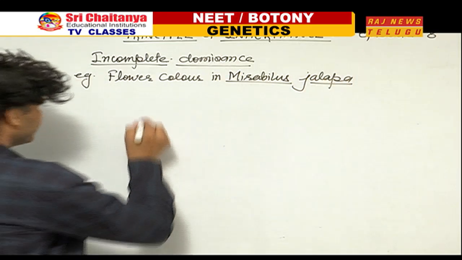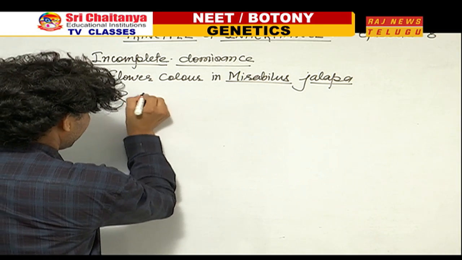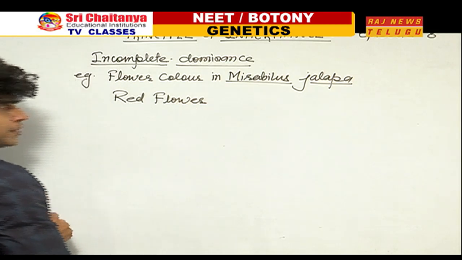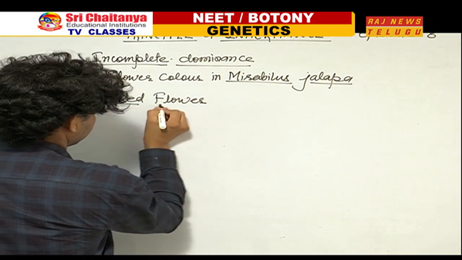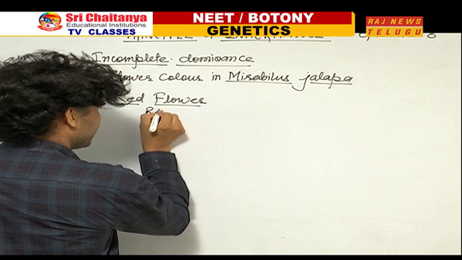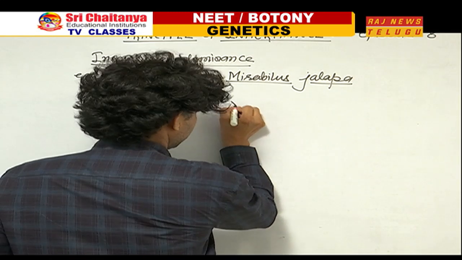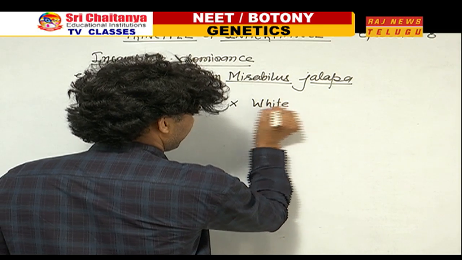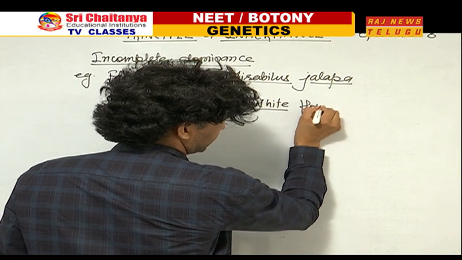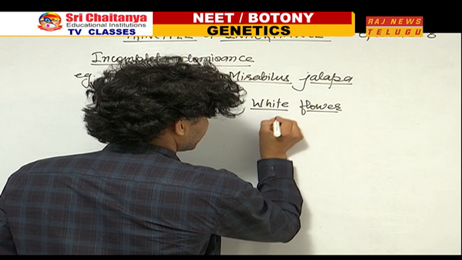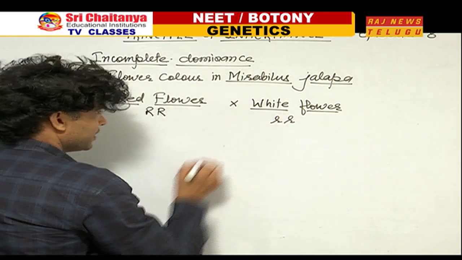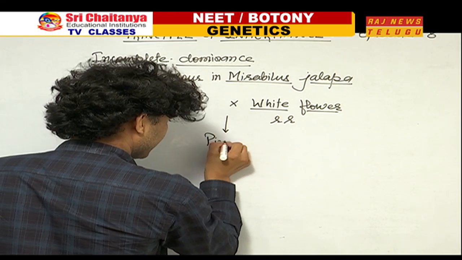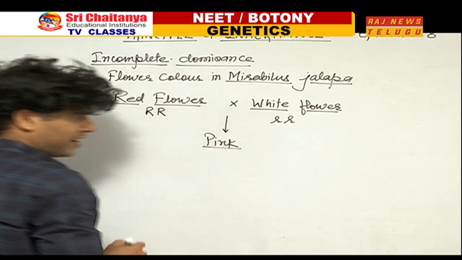In this plant, a red flower plant, capital R, is allowed to cross with a white flower plant, small r. In the F1 generation, all plants have pink flowers.